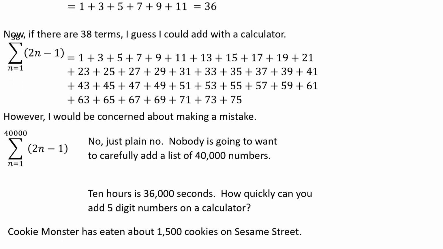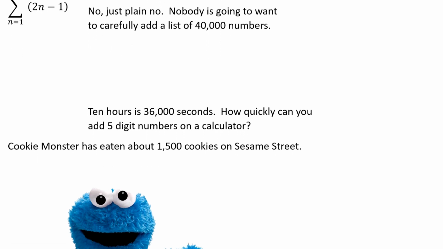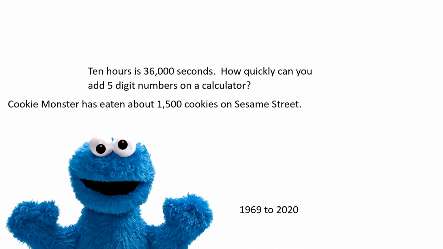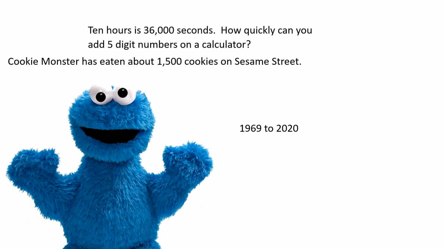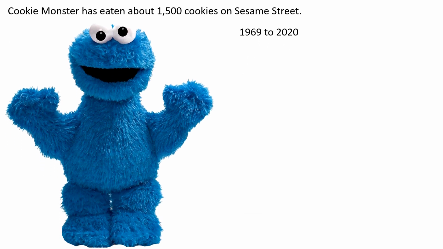You want to know how big of a number this is? In the history of Sesame Street, the actual TV shows they produce started in 1969, and they're still going. They're still making new shows. Cookie Monster, in all of those episodes of Sesame Street, has eaten about 1,500 cookies.